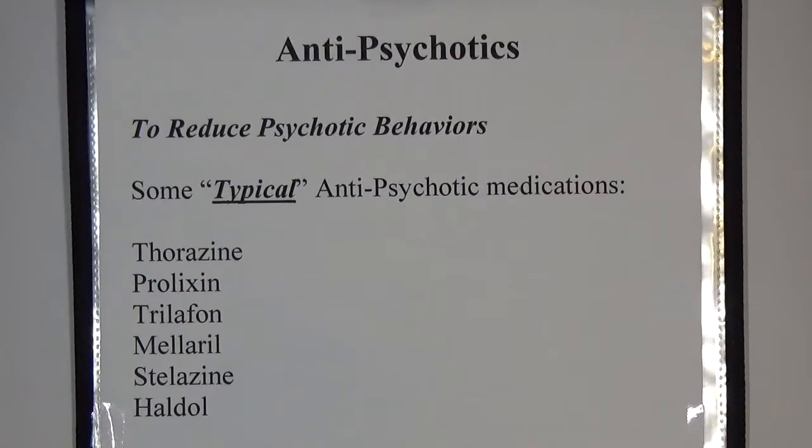The central nervous system, CNS depressant side effects from the typical antipsychotic medications are drowsiness, dizziness, sleepiness, and dry eyes, nose, mouth, and throat. Some typical antipsychotic medications are Thorazine, Prolixin, Trilafon, Mellaril, Stelazine, and Haldol.